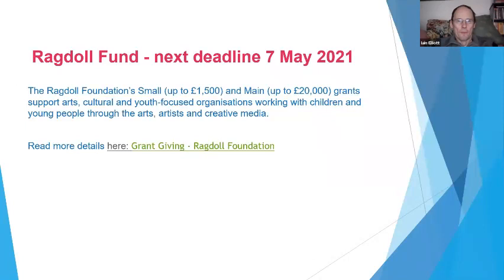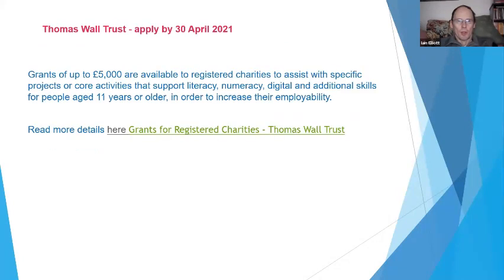Ragdoll Foundation, small grants up to £1,500, main grants up to £20,000 to support arts, cultural and youth-focused organisations working with children and young people. Thomas Wall Trust, deadline is by 30th of April.